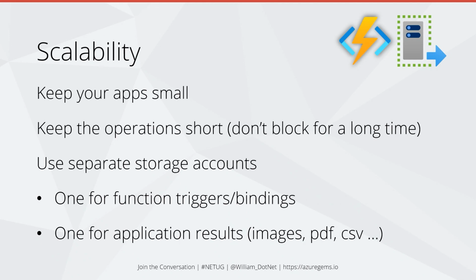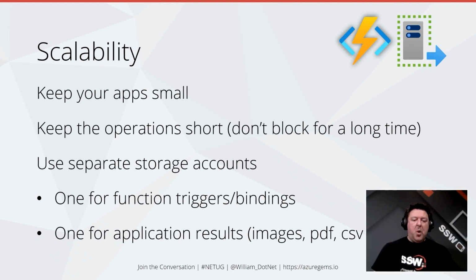Return a payload that says, hey, 202 Accepted. You can check back for the result at this endpoint, or you can use something like SignalR, so you can have that bi-directional communication back to the client application and push a notification to say when the operation has actually completed. So yeah, keep them short and simple, and it'll let your applications react a lot quicker and help with scaling out as well.